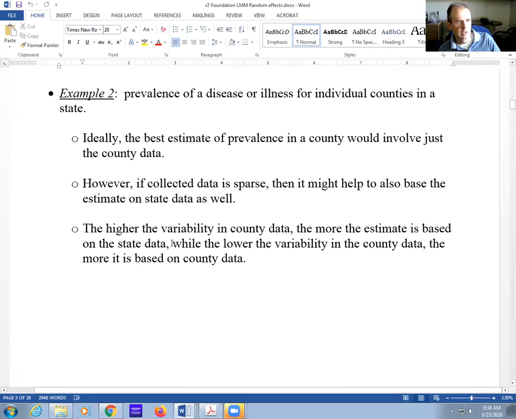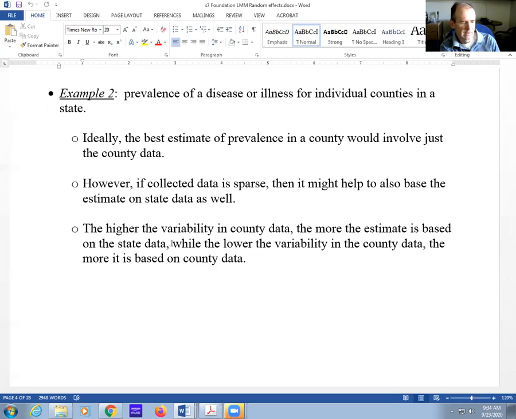Another example would be estimating prevalence of disease or illness for individual counties, let's say in Colorado. Okay, so there are a number of counties. How do we get good estimates of prevalence of, maybe it's COVID or something like that? If there's not much data in the county, but there's a lot of data in the state, you could take whatever you have for that county and do a weighted average of that with the state level, which may be more accurate.